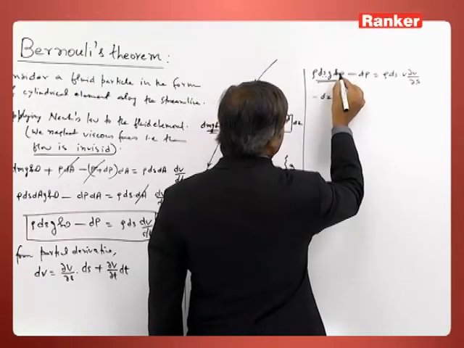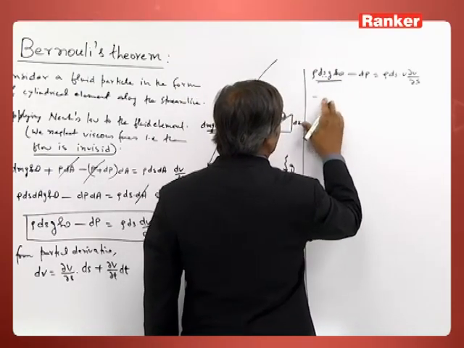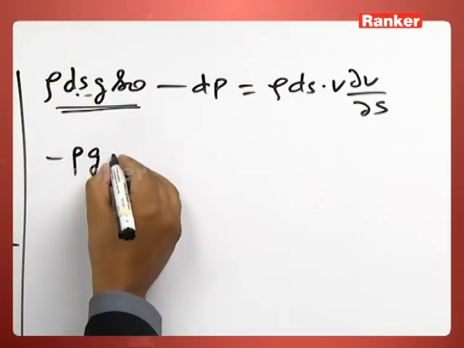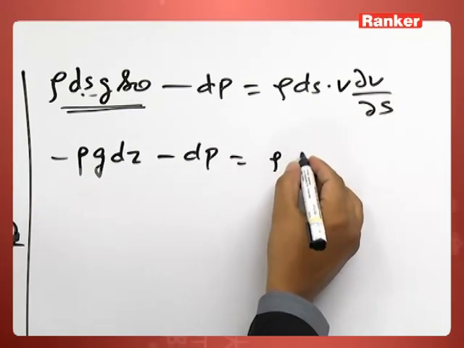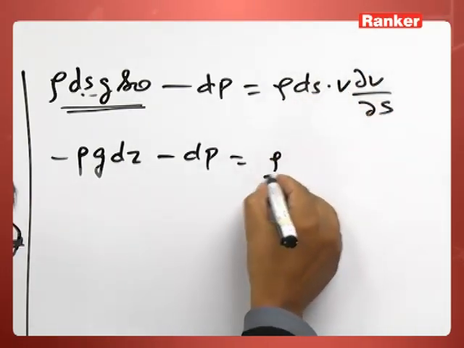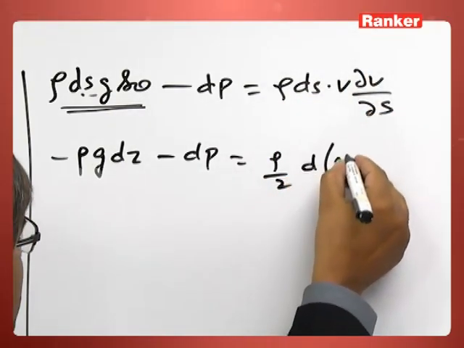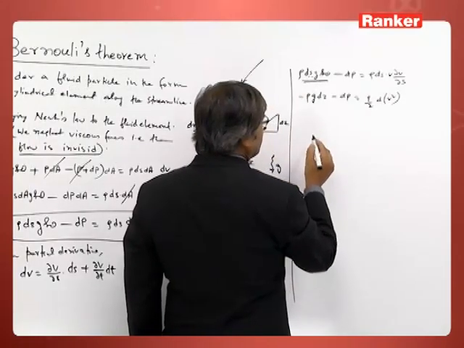So ds sin theta is minus dz, and I will write minus rho g dz minus dp equals rho times this term, which can be written as rho by 2 d of v square. Let us see how.